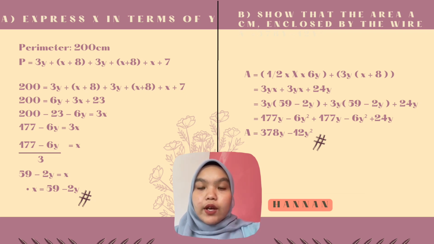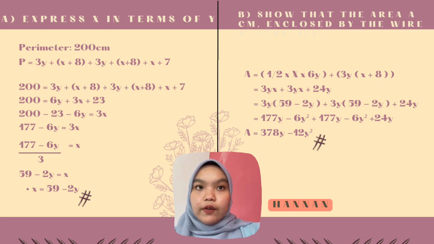And then we have the perimeter, which is given 200 centimeter. So the perimeter is 3y plus in the bracket x plus 8, and then plus 3y, and then plus again the bracket x plus 8, and then we plus with x and 7. And then we go to the equation, which is 200 equals to 6y plus 3x and plus 33.